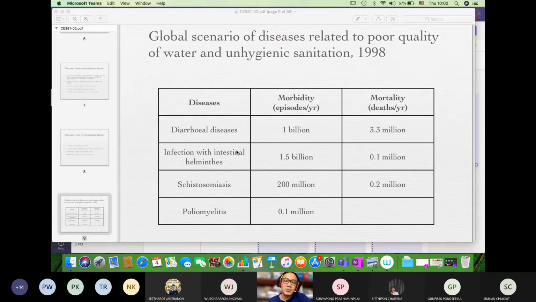At that time, people were not well educated. They thought freshwater fish was clean. They usually ate that fish without properly cooking it, not completely broiled or cooked properly.